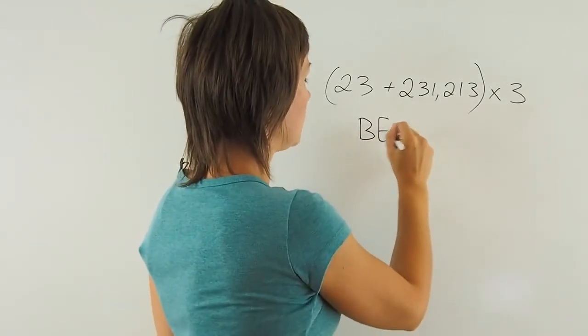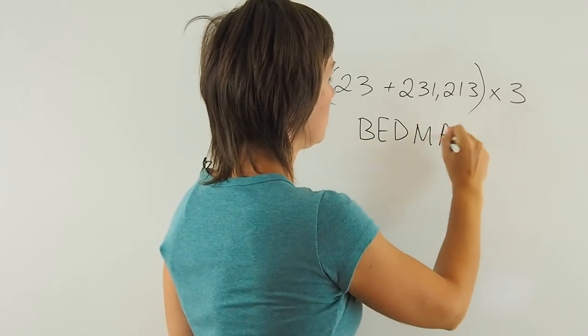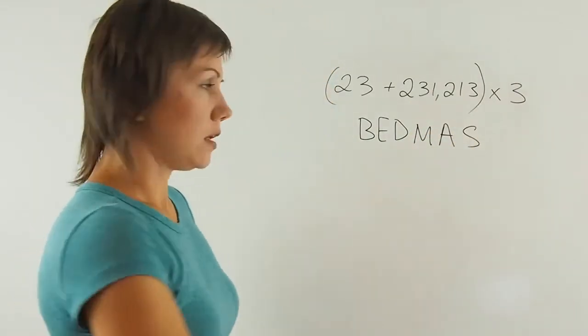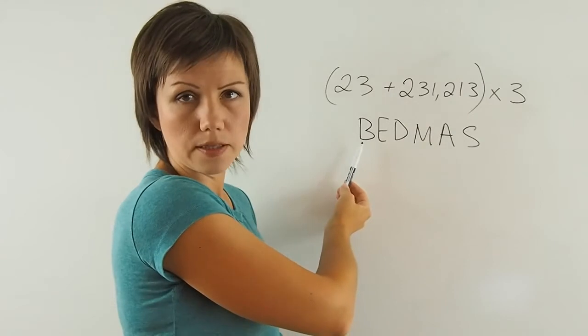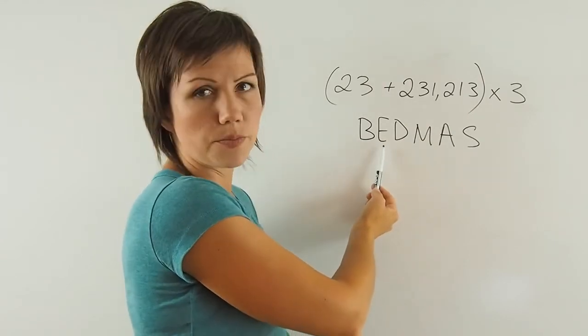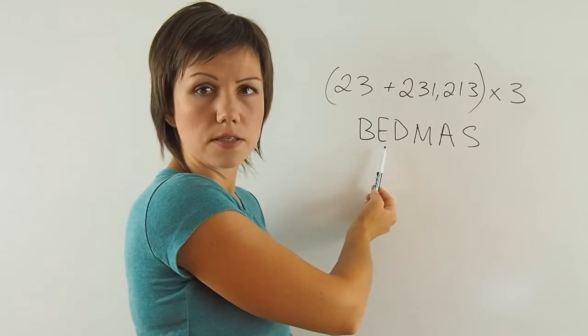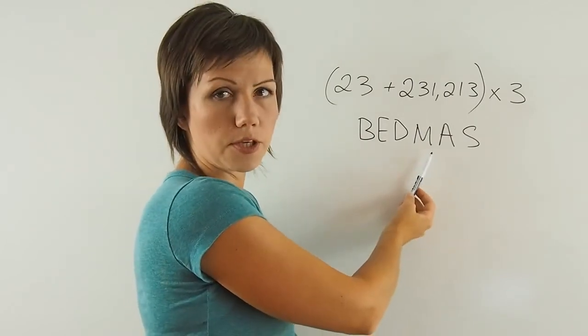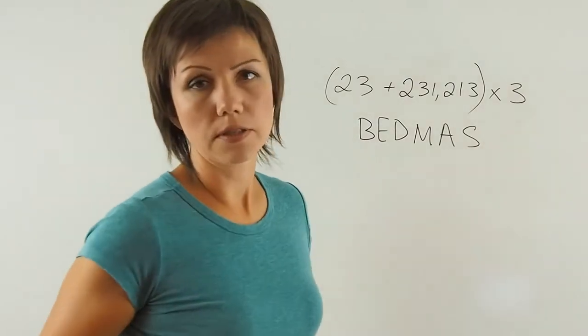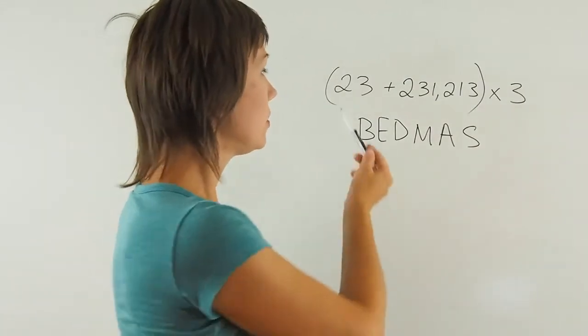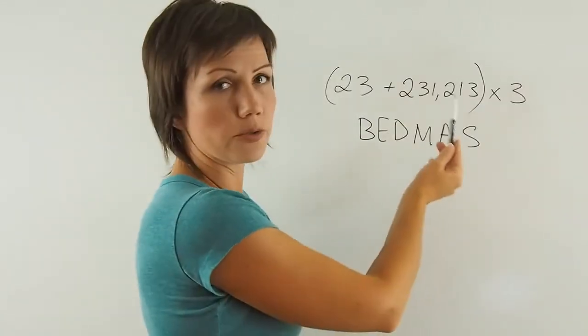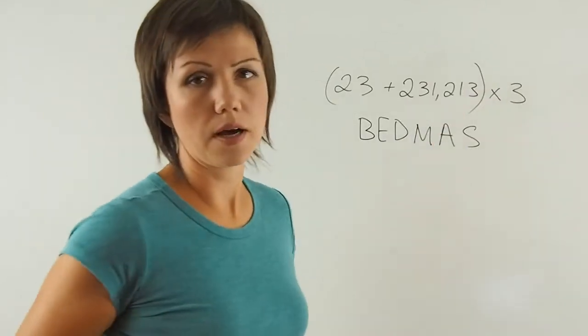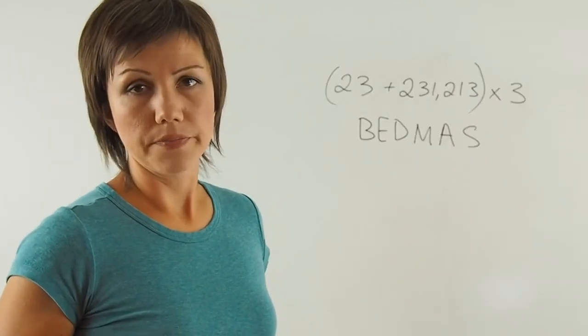If I look at this abbreviation, it tells me that I always need to start with brackets, then do exponents, and we will look at what that is in a later lesson. Division, multiplication, addition, subtraction last. So I will have to add the two numbers in brackets and then multiply the sum by 3.